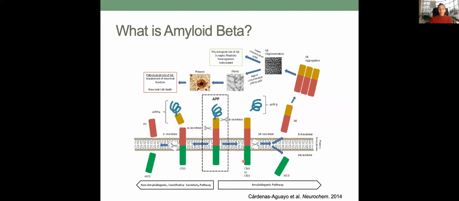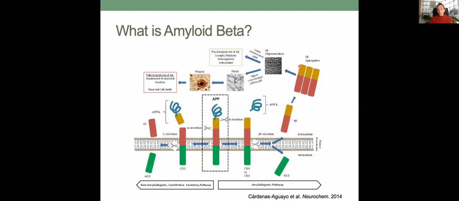On the other side, though, we have beta secretase that can cut APP up here, leading to these three components being left over, where gamma secretase comes in again and cuts in the same spot, leading to these two components, amyloid beta and this other component that we don't really care about here.